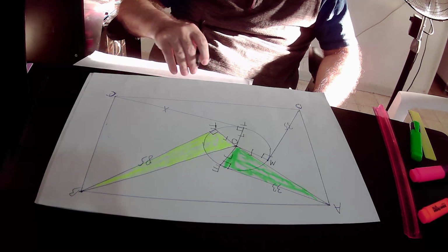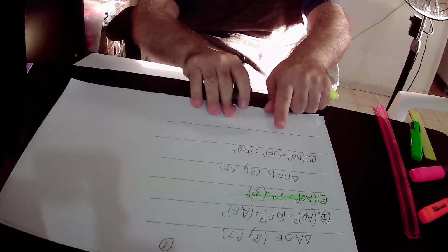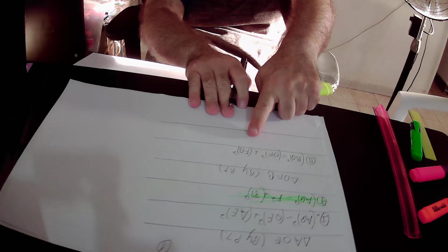I repeat again, in the right yellow triangle OFB, according to the Pythagoras theorem, BO square equals OF square plus FB square.